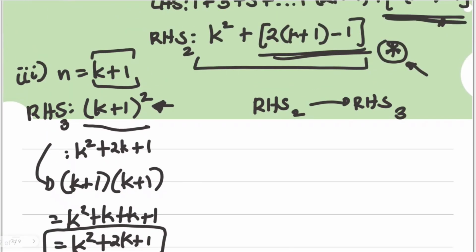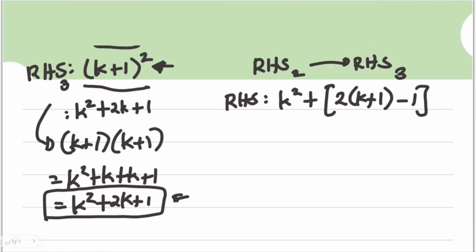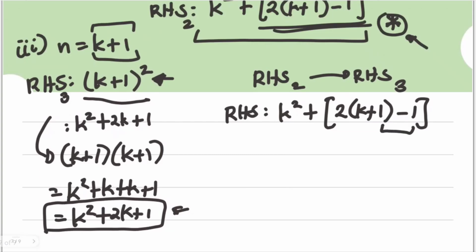So again, we will be simplifying this k squared plus the quantity 2k plus 1 minus 1, and hopefully we will reach this one here.